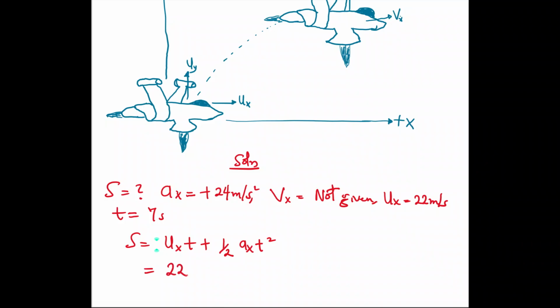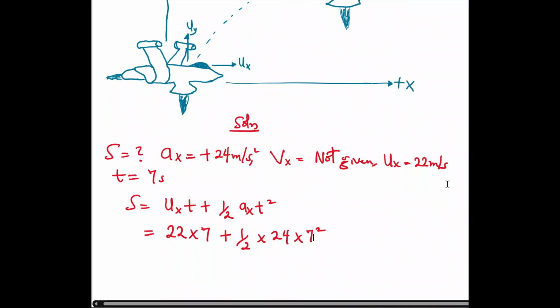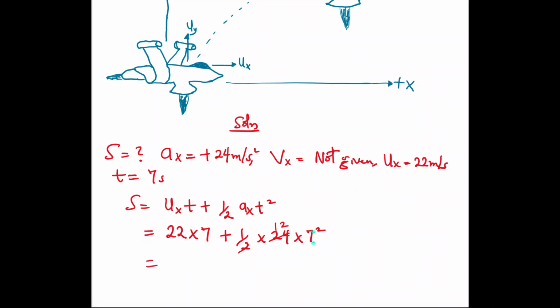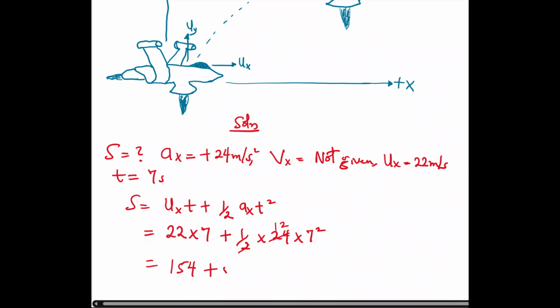The initial velocity in the x component is 22 times the time of 7 seconds, plus 1 over 2 times 24 times 7 squared. 24 divided by 2 gives us 12. 22 times 7 is 154, and then we have 12 times 49, which gives us 588.